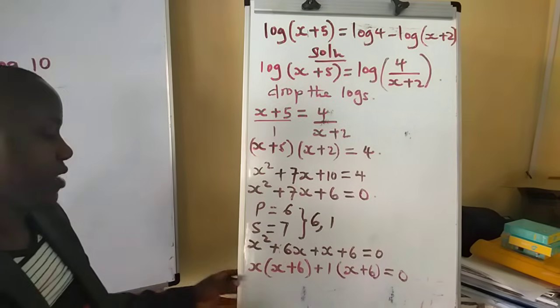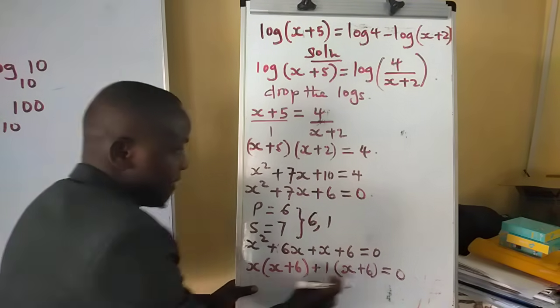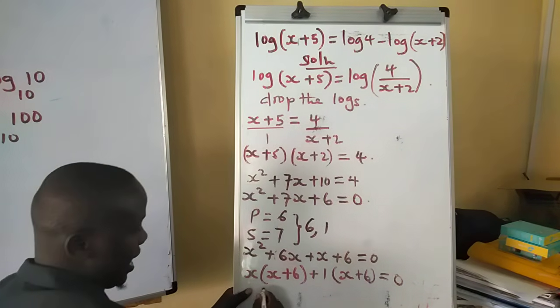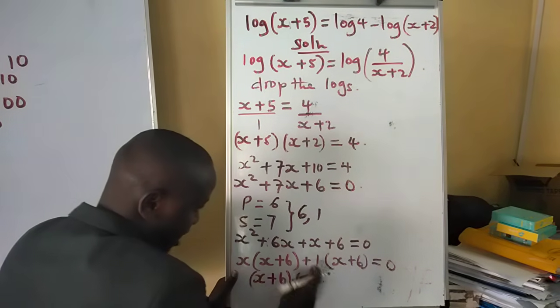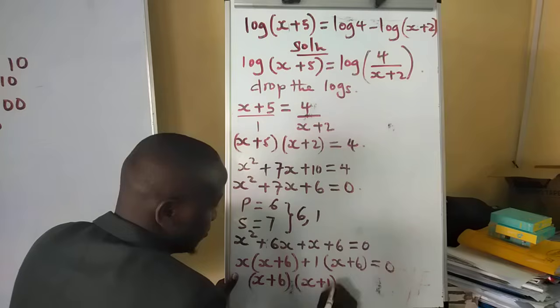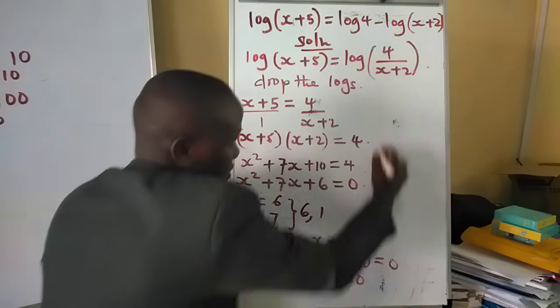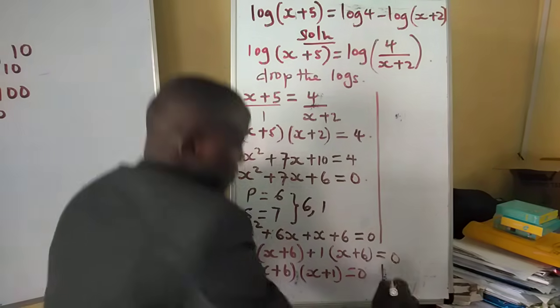And therefore, at that level now you use the common factor, which will be x plus 6 times x plus 1 is equal to 0.